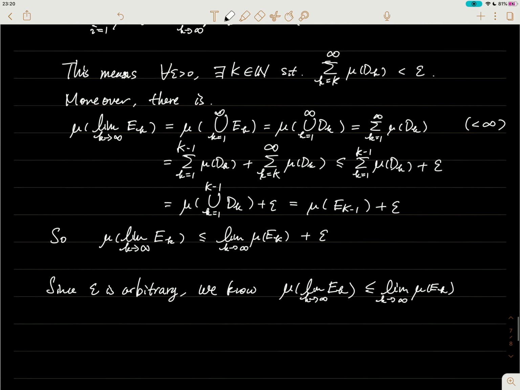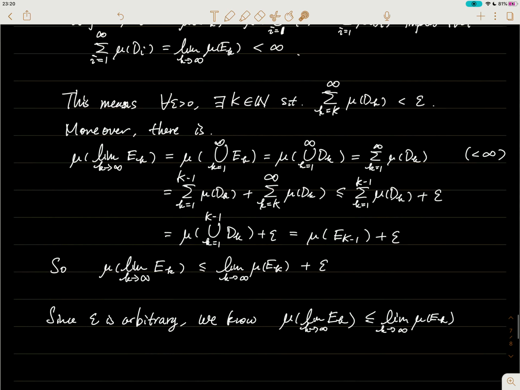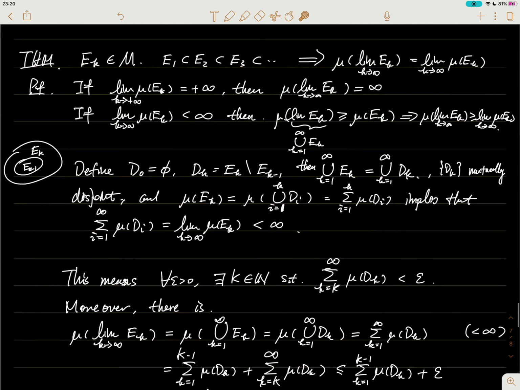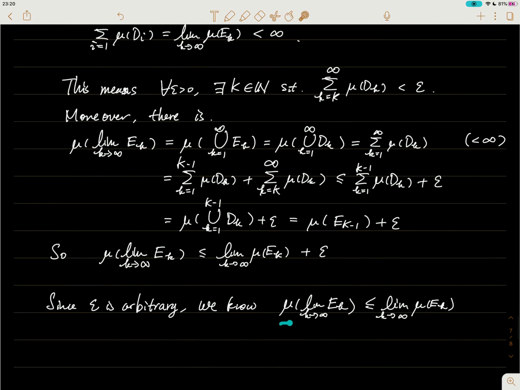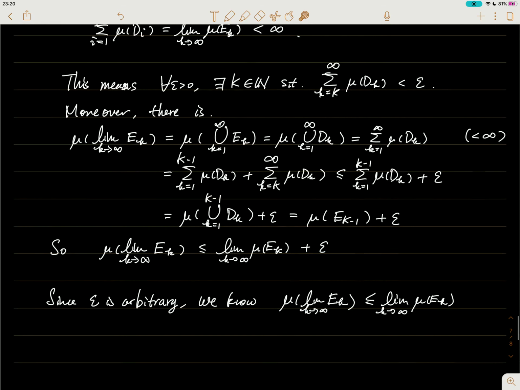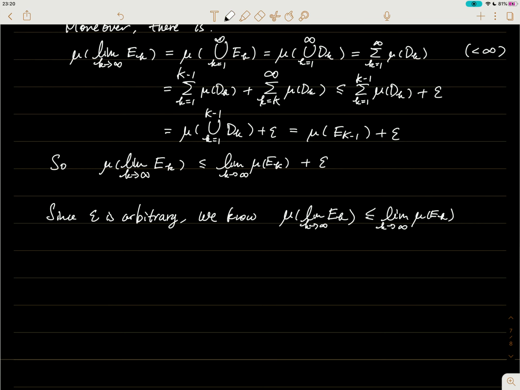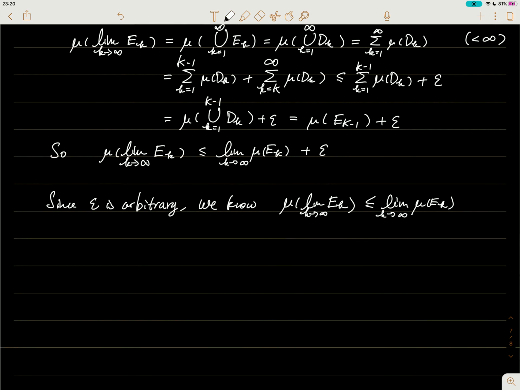Right? So now we have two directions. One direction is trivial to show: the mu of the limit is bigger than or equal to the limit of the mu's. And on the other side, we showed that the mu of the limit is less than or equal to the limit of the mu's. So these two together imply that the two are actually equal.